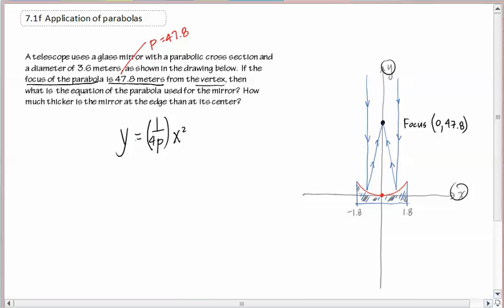So I'm going to go ahead and answer the first part of the question. Let me highlight it: what is the equation? We're going to answer that first, and then we're going to answer the second question. So at this point, I'm going to answer this yellow question. I have 1 over 4, and I'm going to place inside there the 47.8.